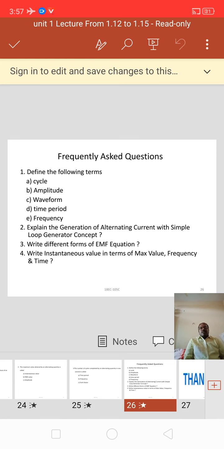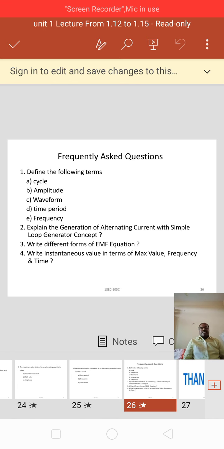By learning some concepts of fundamentals of electricity, there are some frequently asked questions in exams, that is define the following terms, that is A cycle, B amplitude, C waveform, D time period, as well as E frequency.